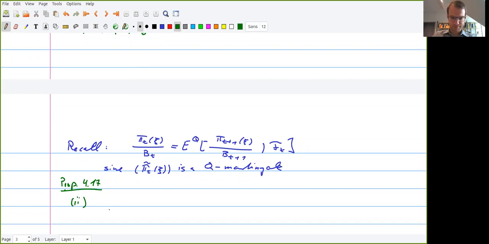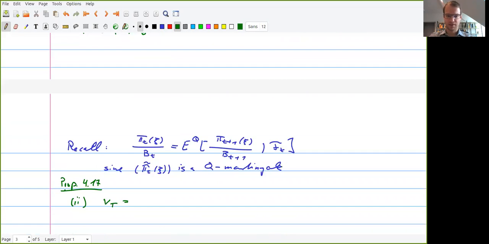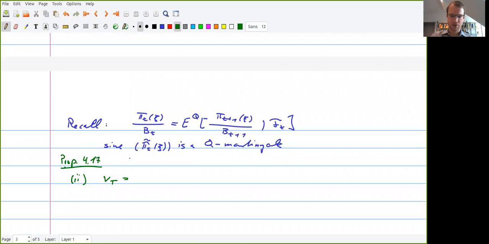Well, if I look at my value function, v, this is this little v we just defined here. So what do we know for the value function? The value function, or the price function, at terminal time has to match the payoff.